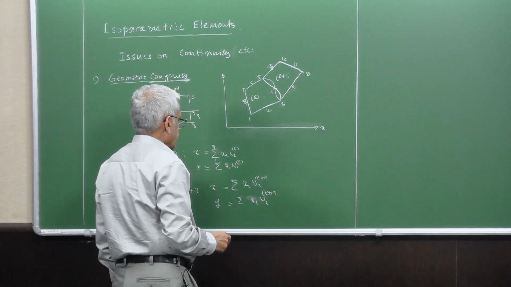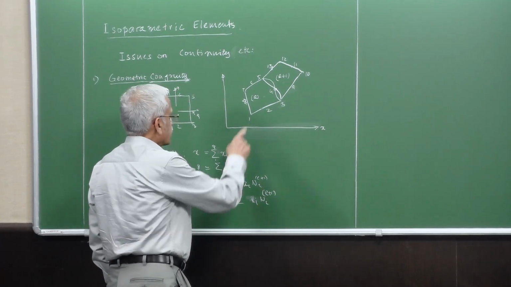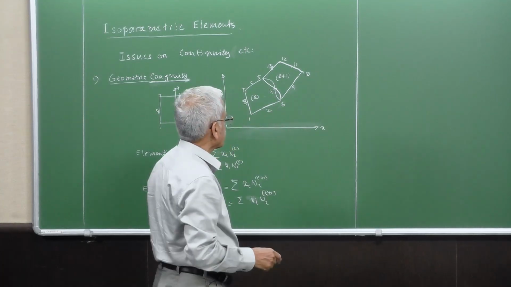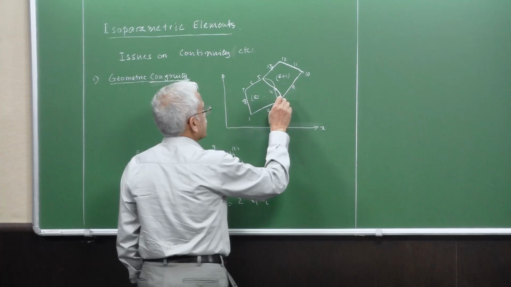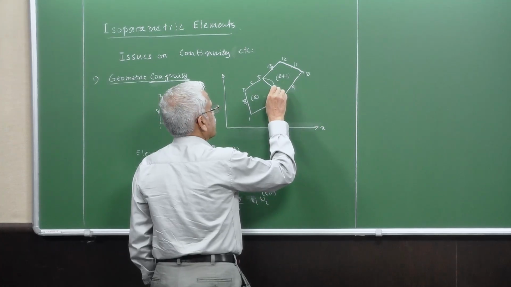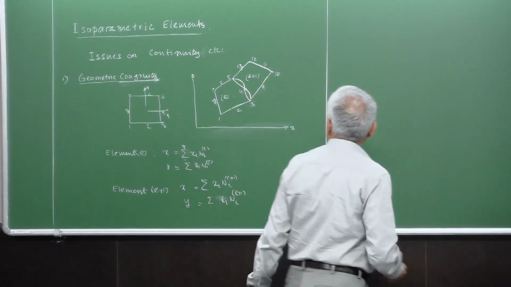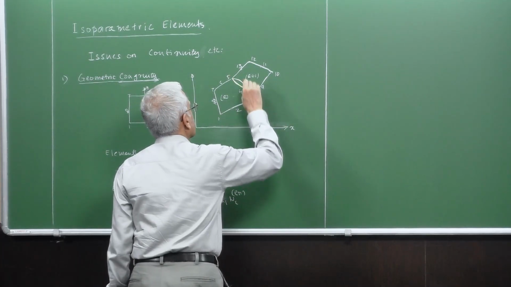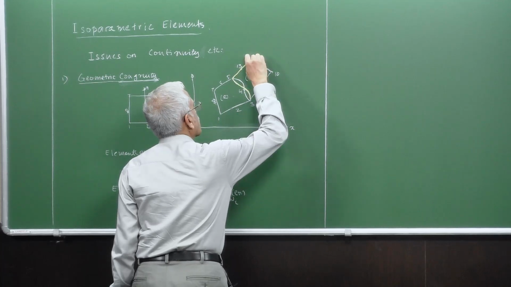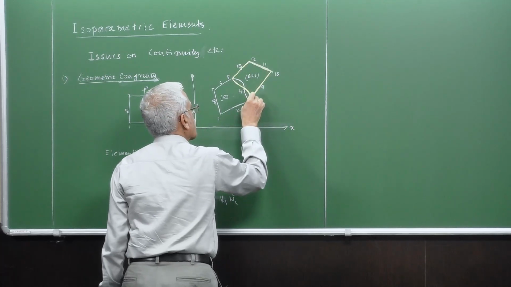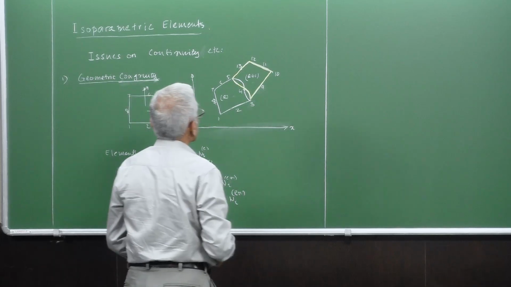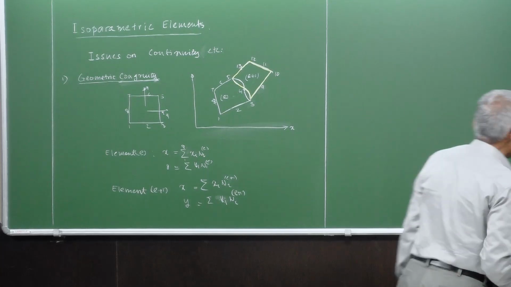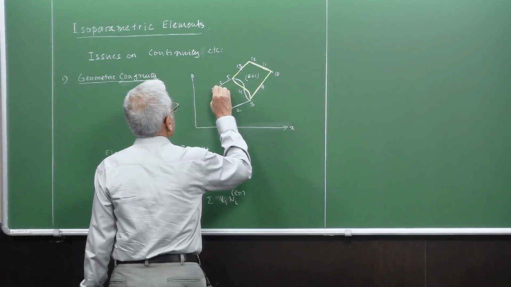But since we are using different coordinates as well as different shape functions for mapping this one, is it possible that in one case I wrote it with yellow, in the other case probably I'll mark it with red?